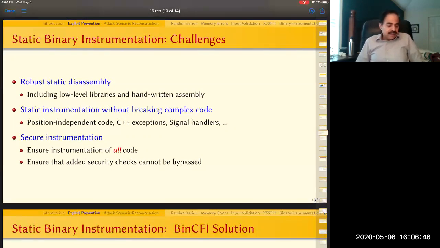And then the second challenge is that if you start instrumenting code, then there are many problems that are introduced, such as how do you fix up targets of indirect control flow, because if you recall, this is one of the main reasons why dynamic instrumentation techniques are good, because when an indirect control flow transfer takes place at runtime, that's when you know what the target address is.